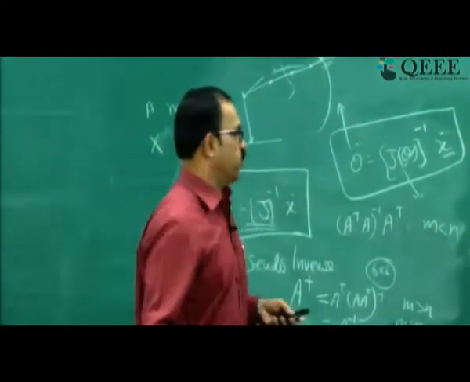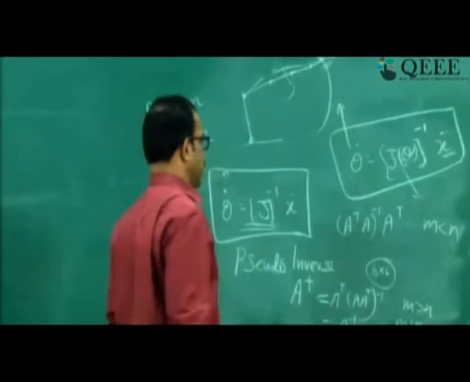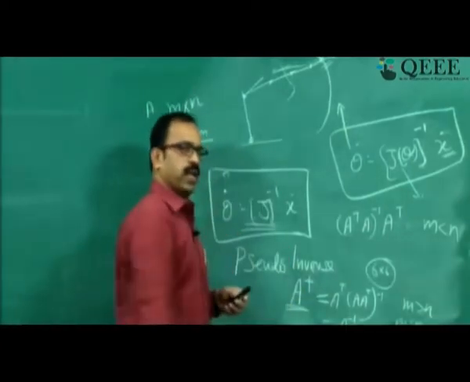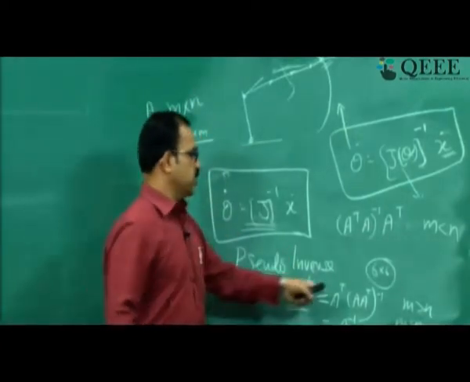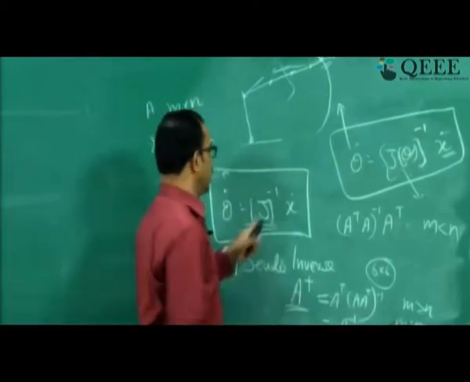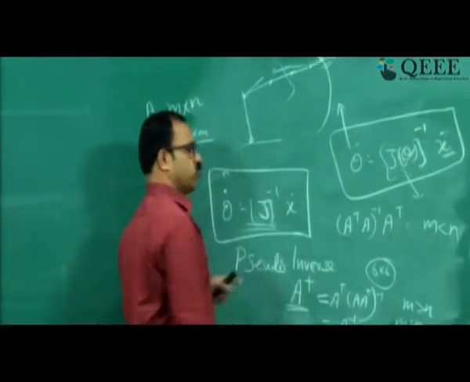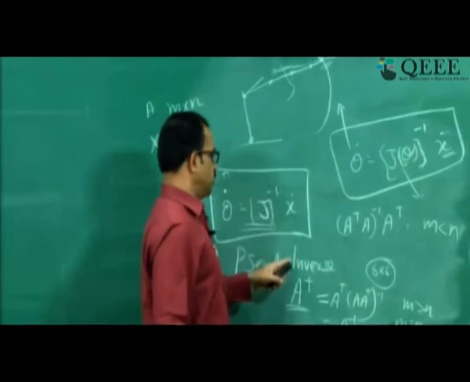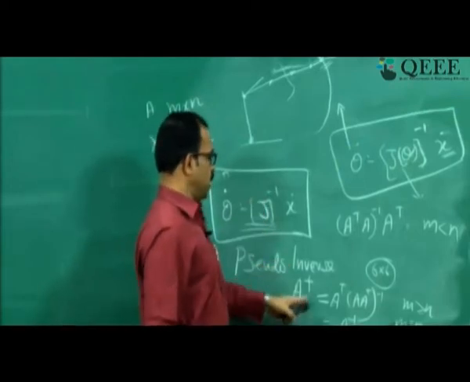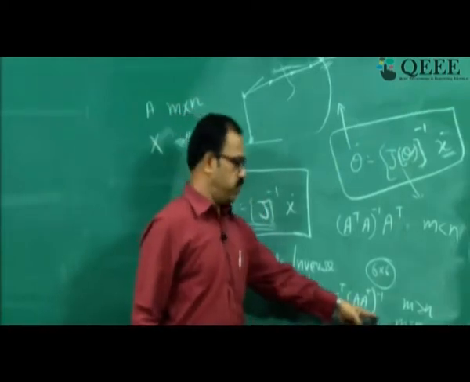So for any matrix, square or non-square, you can always find a pseudo inverse A plus by using this rule. We don't need to worry about whether it is a square matrix or a non-square matrix.